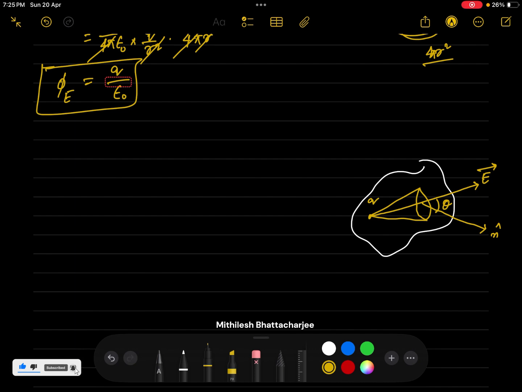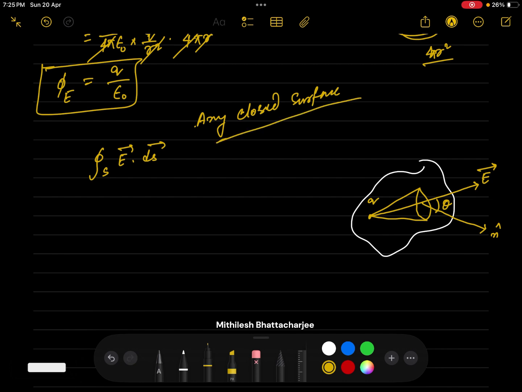We put the small element ds, then the surface integration of E dot ds over any closed surface, which is not spherically symmetric.